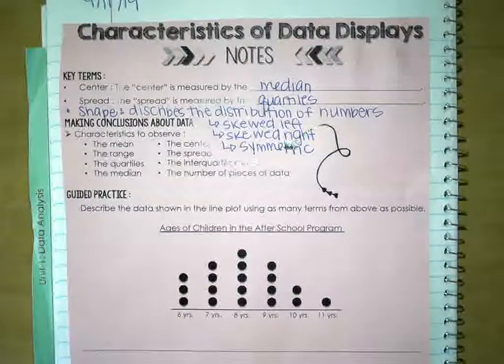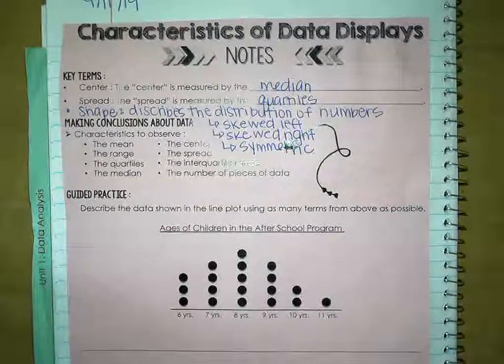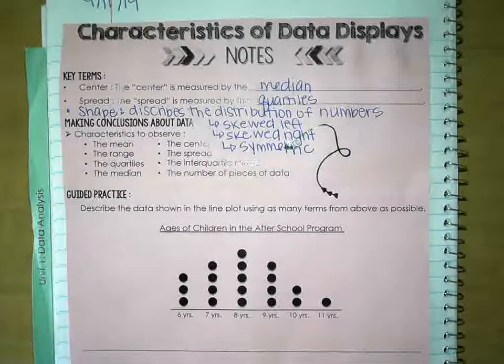Symmetric means that it's the same on both sides, so it's pretty centered, it's pretty even. Skewed left means the majority of the data is going to be on the left-hand side of the graph. Skewed right means the majority of the data is going to be on the right-hand side of your graph. So it's all based on what it looks like.